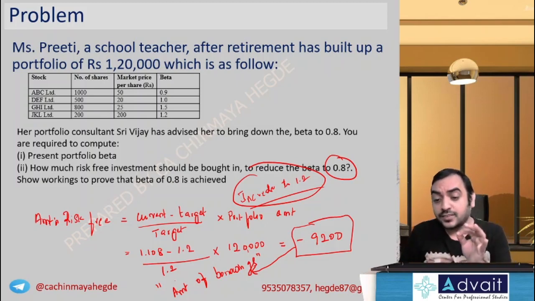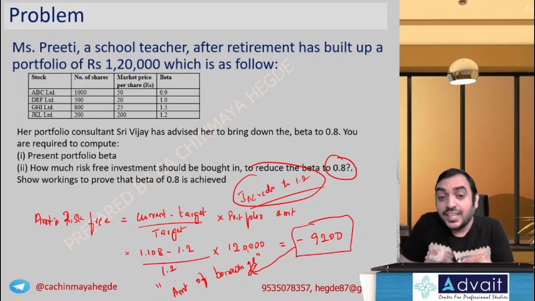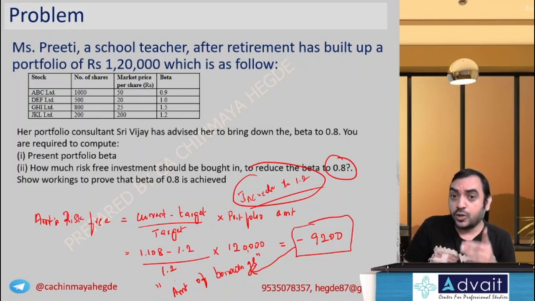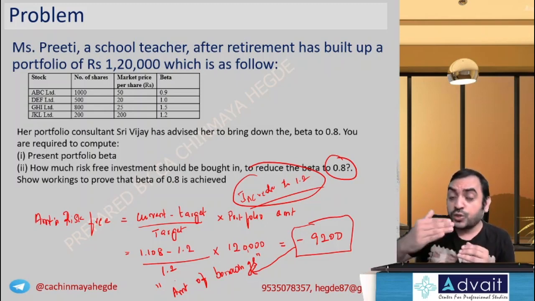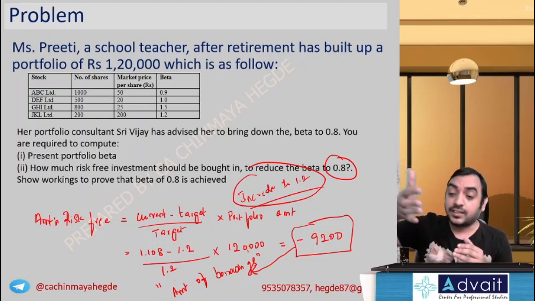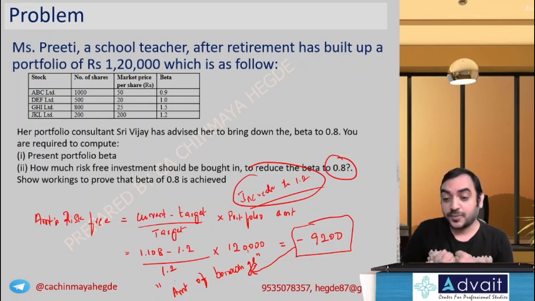But the importance is when you want to increase the risk. Remember, we have discussed in CML also, SML, capital market line, capital allocation line also. When you want to get more return than the market, you leverage your position. Your beta currently is 1.108.